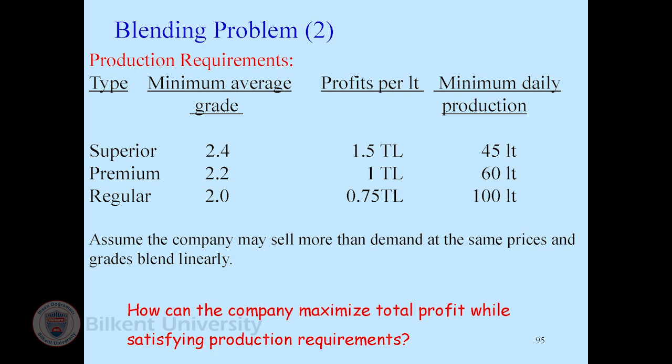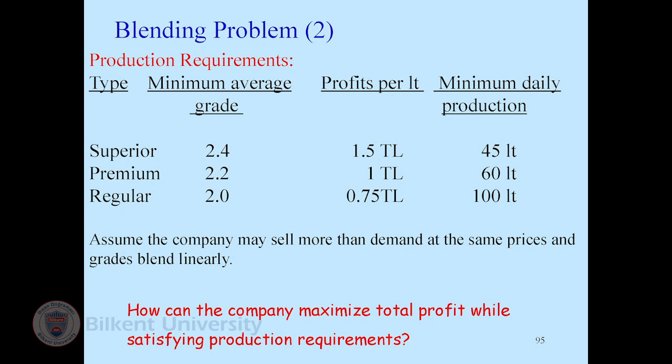Of course, anything greater than 2.4 is greater than 2.2, but I want to label it as superior if I can, because it gives me a lot more profit, right? So if the average grade is more than 2.4, the juice becomes superior. If it is between 2.2 and 2.4, I can label it as premium. And if it is between 2 and 2.2, I can label it as regular. If it is less than 2, it's rubbish. I'm not selling it. I can't use it. All right?